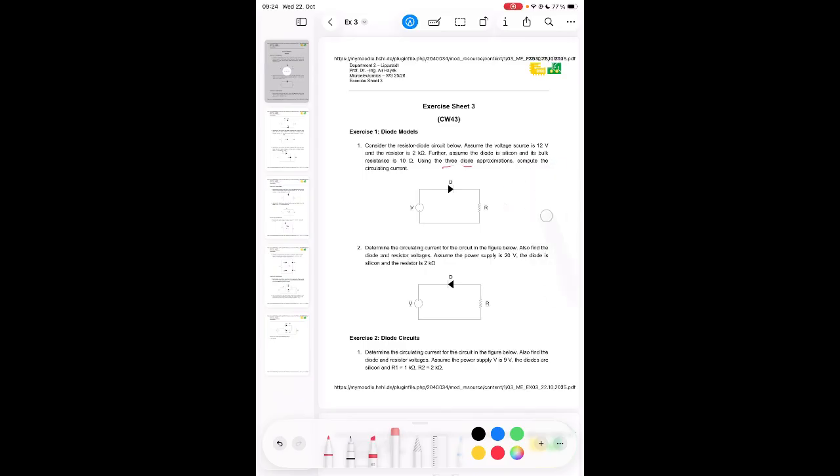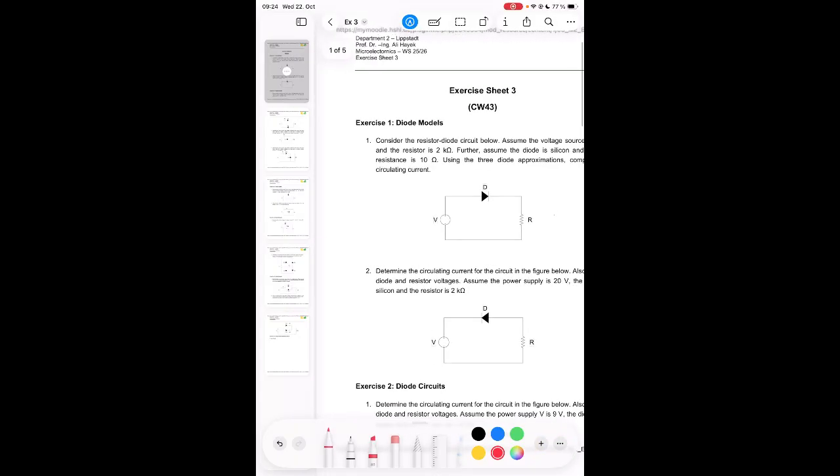So we have the two options. We have our switch, we have voltage, and we have our resistance. This is off, and on the other side we have the on, where the switch is closed, and we have our on.